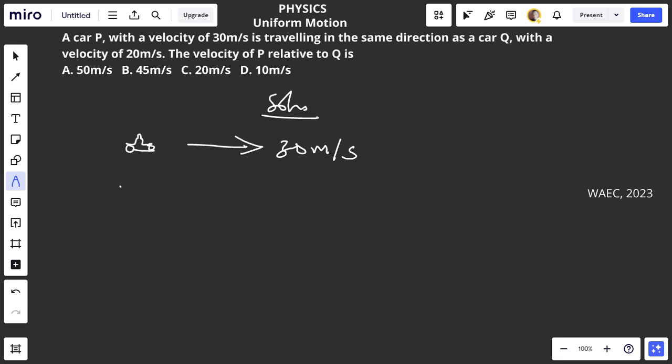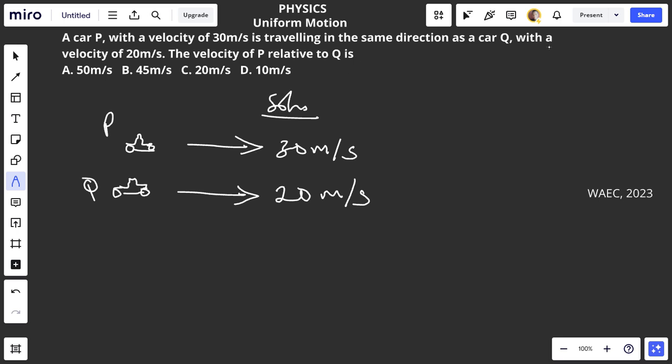And then you have your second car traveling in the same direction, but this time around 20 meters per second. Obviously, the first car, which is car P, is traveling at a higher speed than this. So car P will be ahead of car Q.